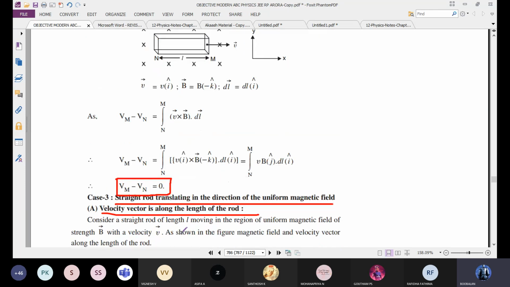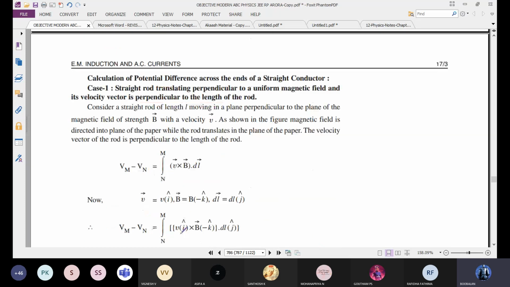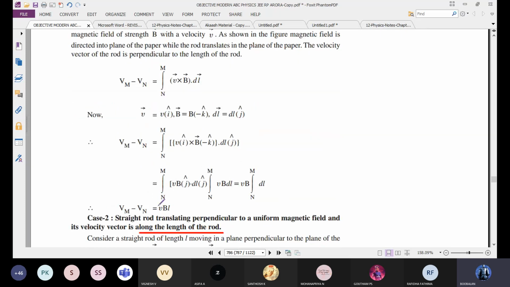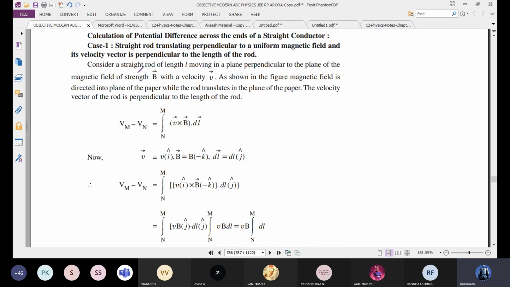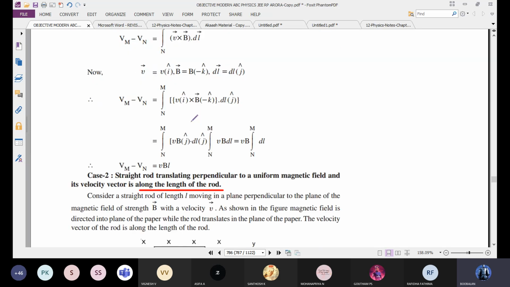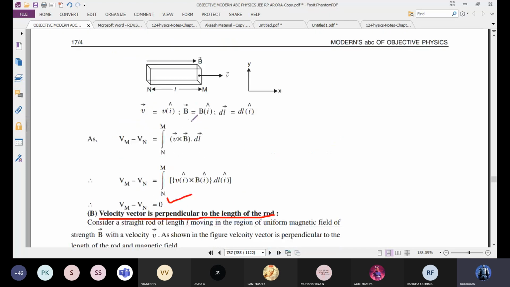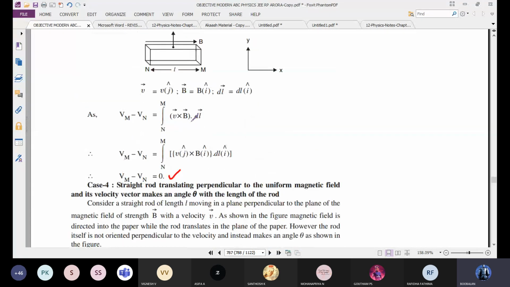So based on all these definitions you will get one idea. Only the first case alone you will get the answer, that is VBL: a straight rod translating perpendicular to a uniform magnetic field and its velocity vector perpendicular to the length of the rod. Only in this condition will you get the formula VBL. For the other conditions it is equal to 0.